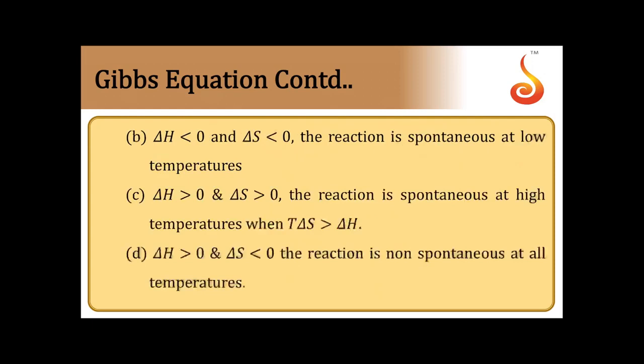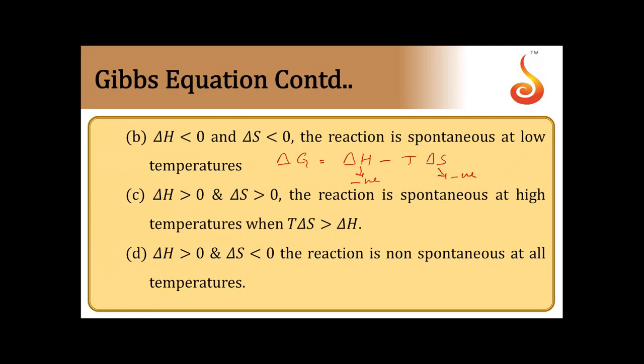Now when you take delta H less than 0 and delta S less than 0, delta G is equal to delta H minus T delta S. Here delta H is negative and delta S is also negative.